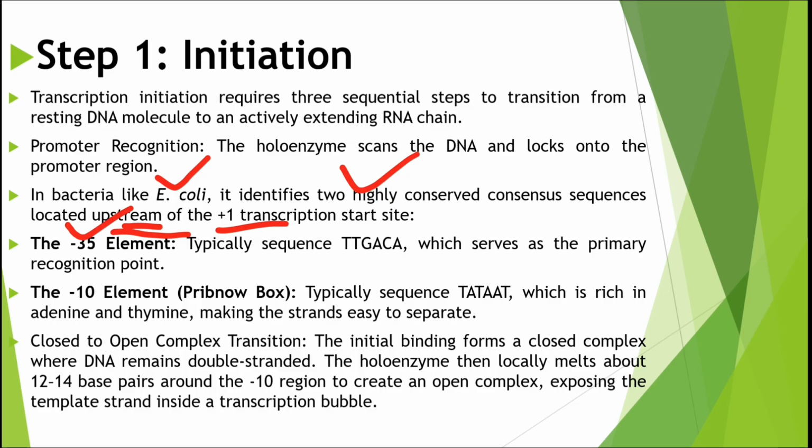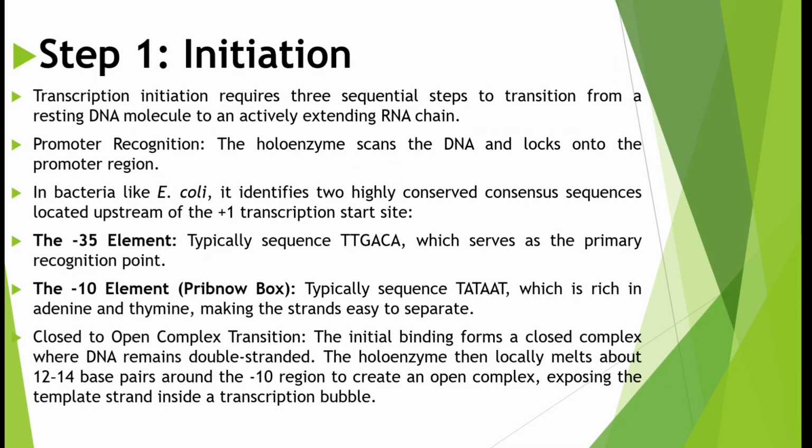So it recognizes the -35 element, typically the sequence TTGACA, which serves as the primary recognition point. Another one is the -10 element, or Pribnow box, typically the sequence TATAAT, which is rich in adenine and thymine, making the strand easy to separate. Then the closed to open complex transition. The initial binding forms a closed complex where DNA remains double stranded.